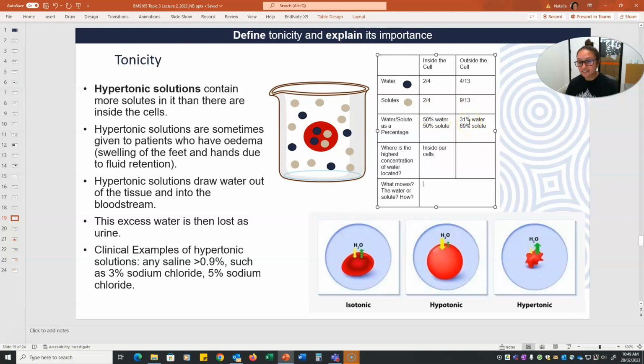So what happens is that we get our cells shrinking. If we put a red blood cell in a hypertonic solution, this red blood cell will shrink.